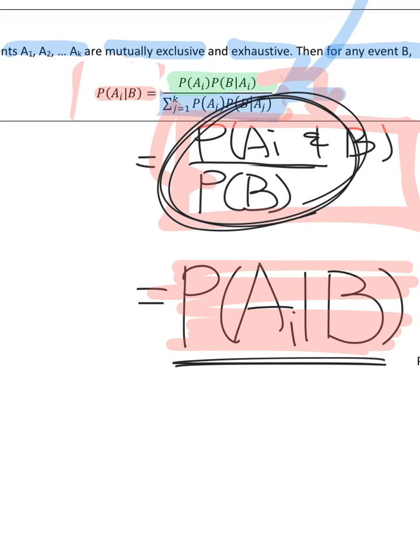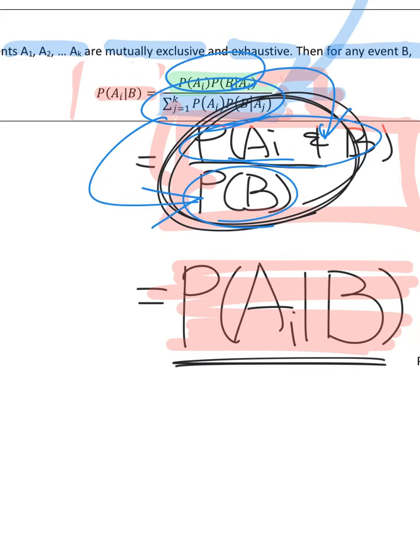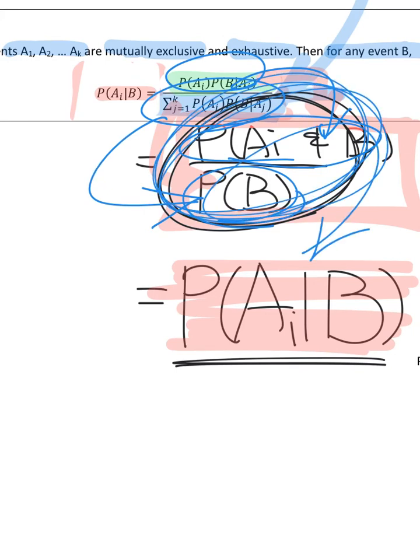How? We applied every single rule we had. From here to here, by the general multiplication rule. From here to here, by the rule of total probability. And from here to here, by the conditional probability rule.